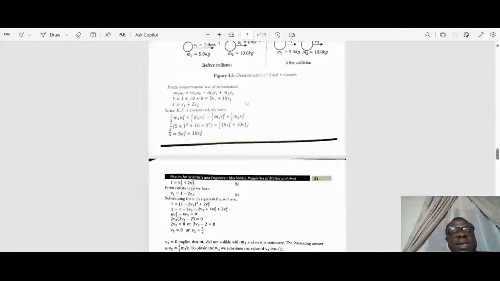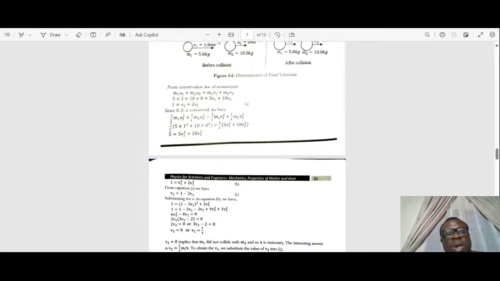Whatever you do to the left hand side, you must do to the right hand side. So you can divide through by 5. 5 by 5 is 1, equal to 5 over 5 will give you v1, plus 10v2 divided by 5 will now give us 2v2. That is where you now have equation A.